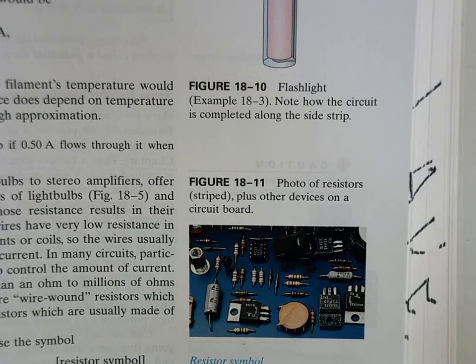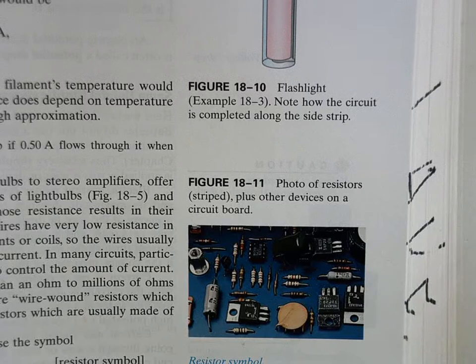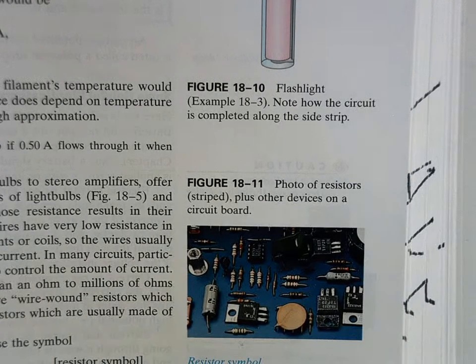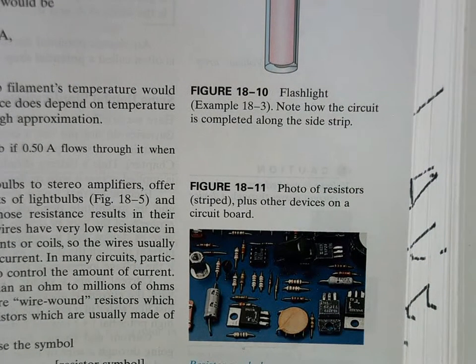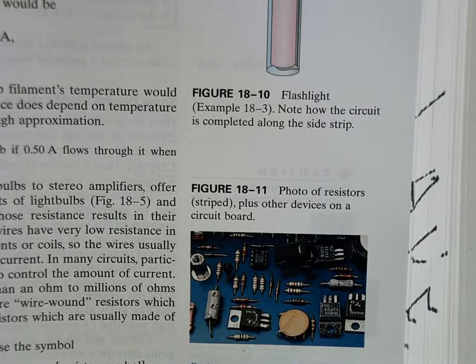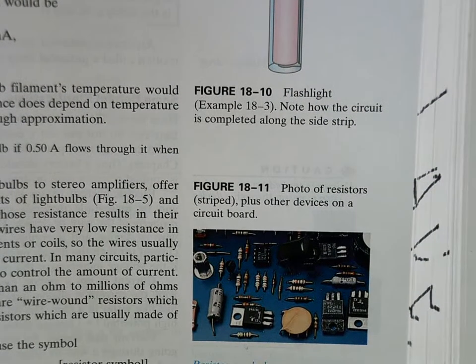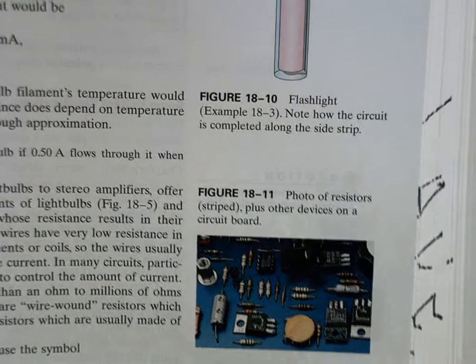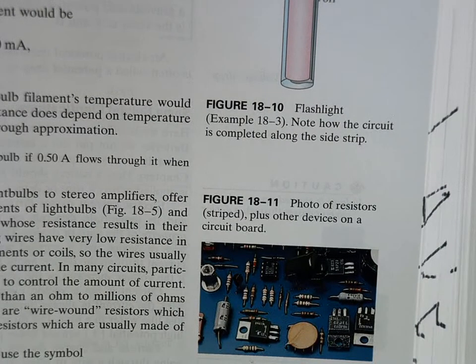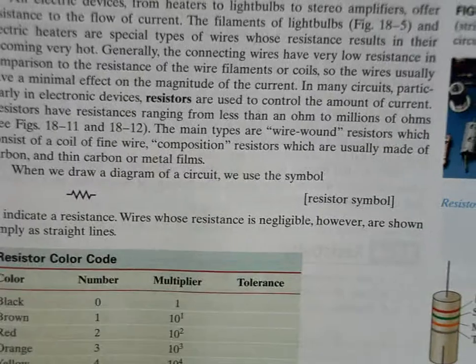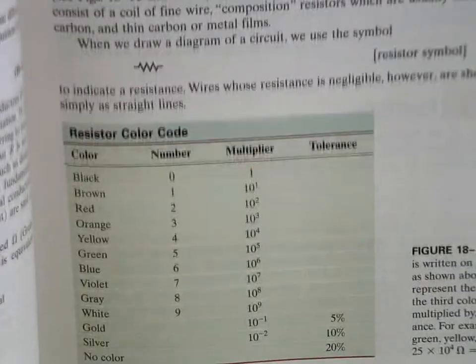Well, if you know the code, you can read those stripes and figure out what the resistance is for that resistor. Now, we're not going to work those kinds of problems, but here's the resistor code. This is also in your book.